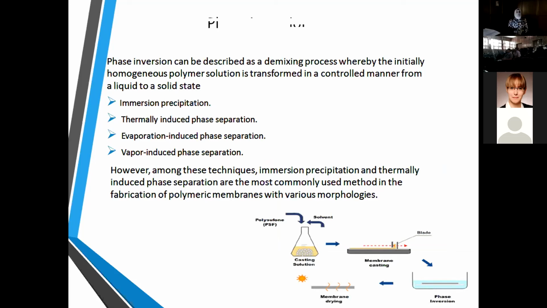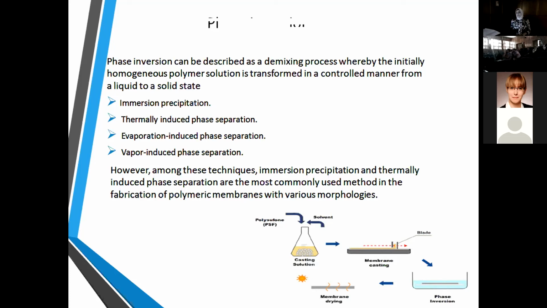In this technique, we mix the polymer solution and spread it on a flat sheet or a plate, then immerse the plate in a non-solvent or in water to make a substrate.